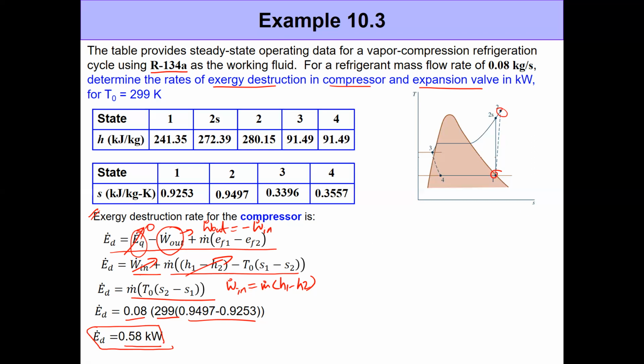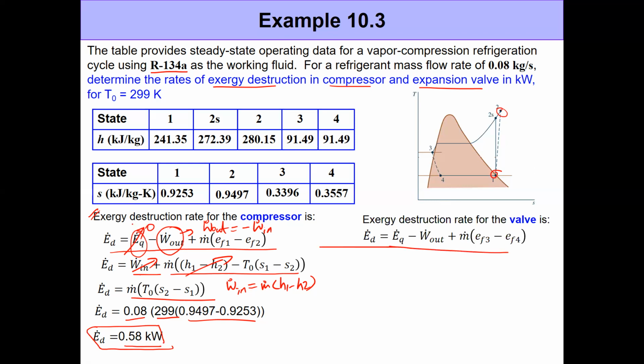All right, now let's look at the exergy destruction for the valve. For the expansion valve, again, this is the general form of the exergy balance equation. In an expansion valve, there's no work output and no heat transfer. The specific thing about this expansion valve is that it's an isenthalpic device, so the enthalpy remains the same.